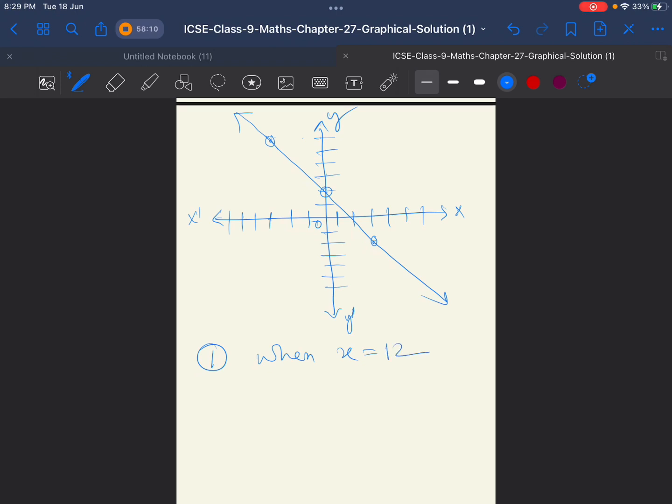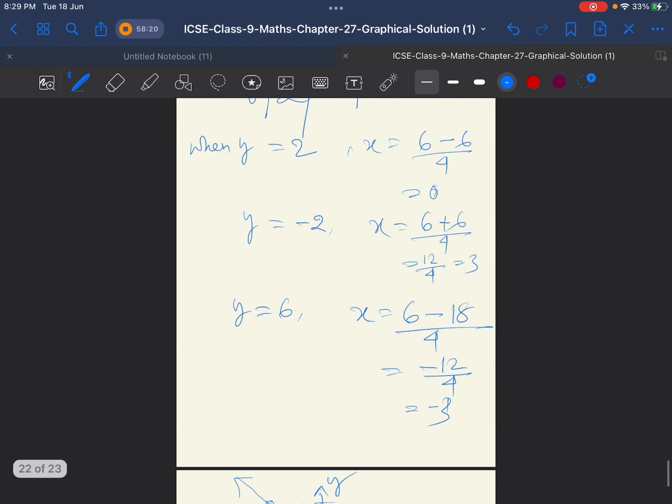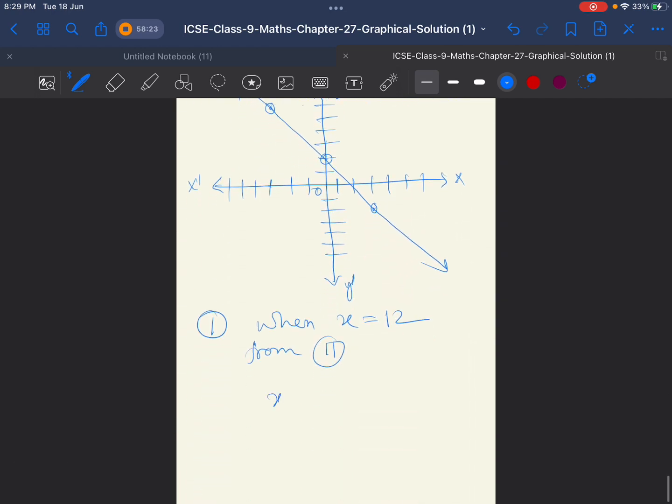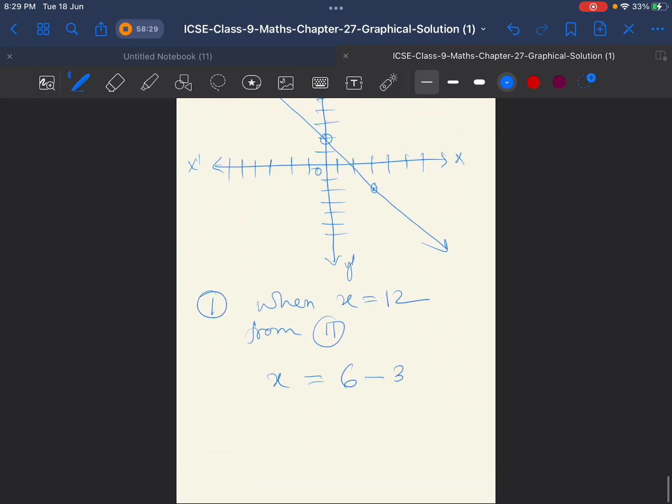So now the question is, when x equals 12, then from equation 2 we get x equals 6 minus 3 into 12 by 4.